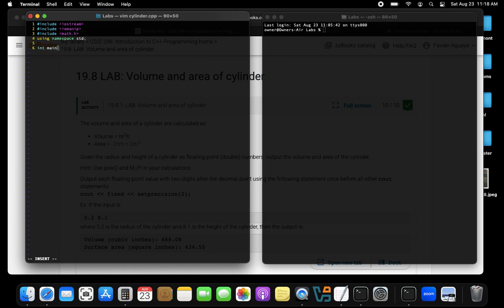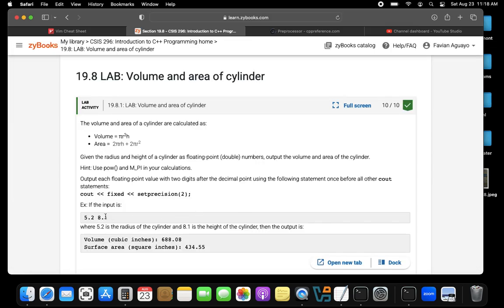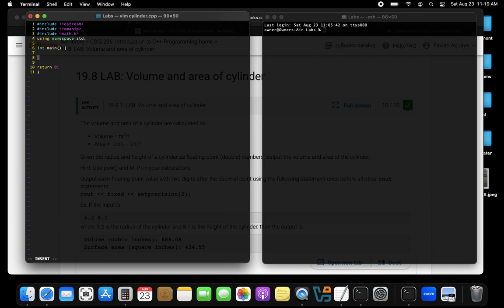So we've got main going, return 0. Alright, so if you look here, our input type, we're going to have doubles, and we're outputting doubles with some calculations. So let's go.